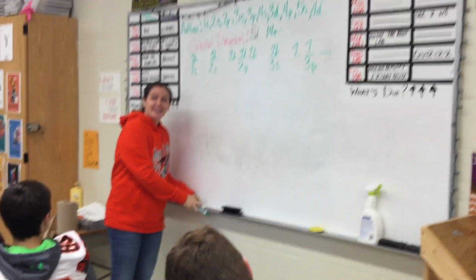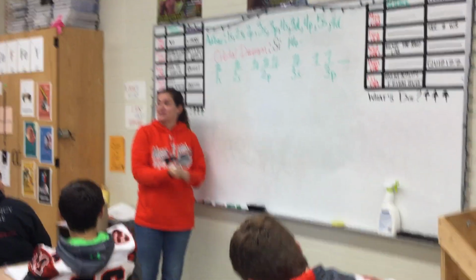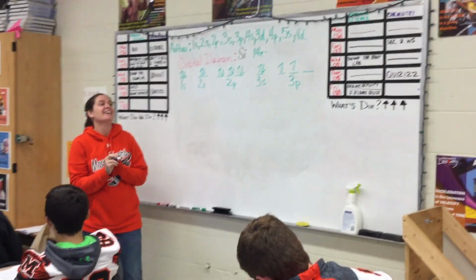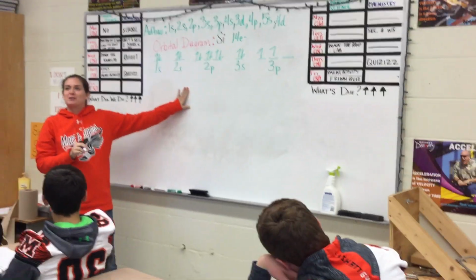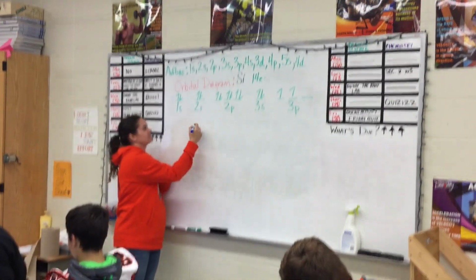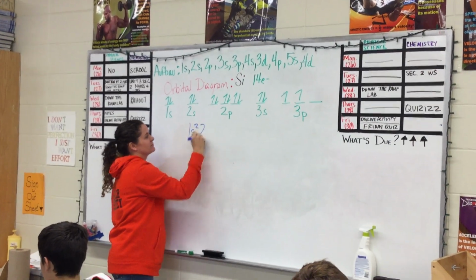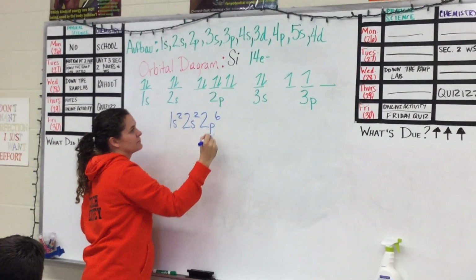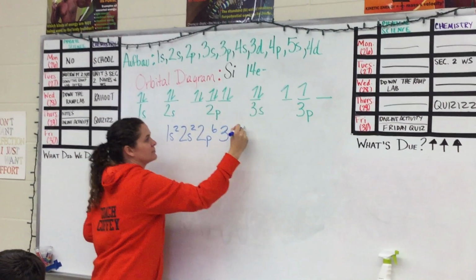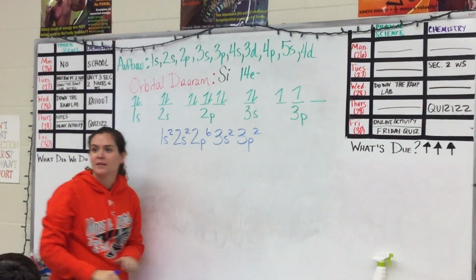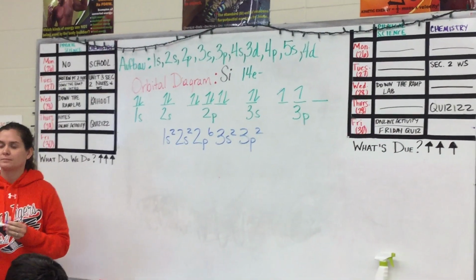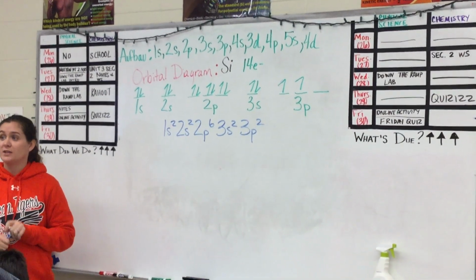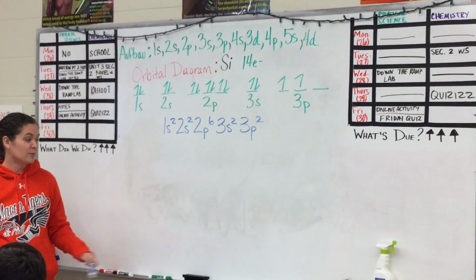Okay. I see that there was at least some success. So, what would your electron configuration be? 1s2, 2s2, 2p6, 3s2, and 3p2. Very good. So that's it. Easy stuff, right? Okay, we're cooking.